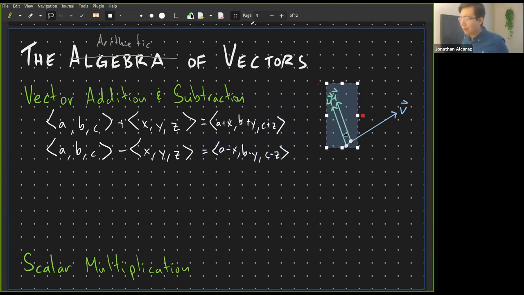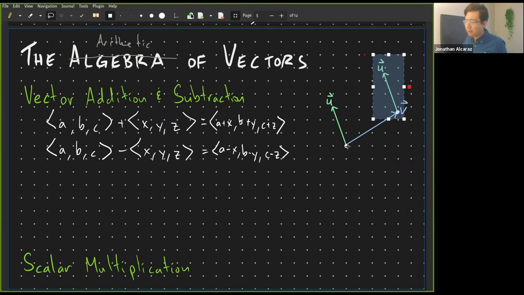Maybe it's harder to do if you're writing this down with pen and paper. And you put the tail of u on the head of v. So you put the base of u on the tip of v, and then you just see where you end up. So basically, you go here and then here, and that's telling you where you end up.